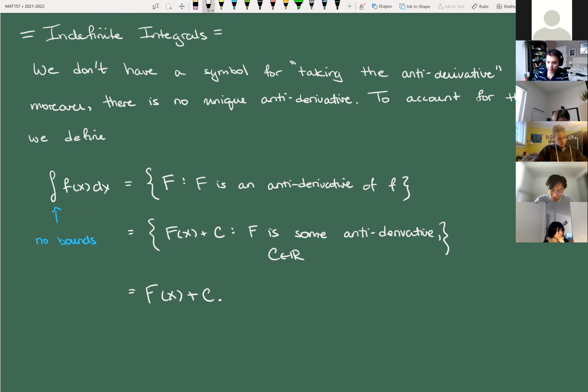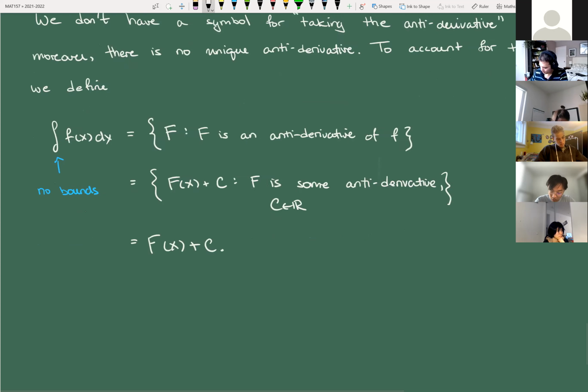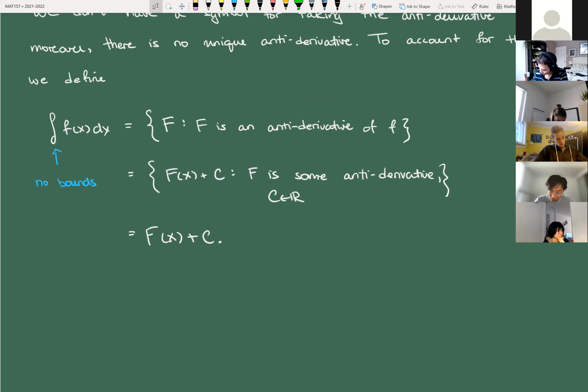So when I write that, this is a set. It's understood that c here belongs to the reals, so you don't even need to include it. That's part of why this is an abusive notation, but it's a universally accepted abusive notation. So that's okay.